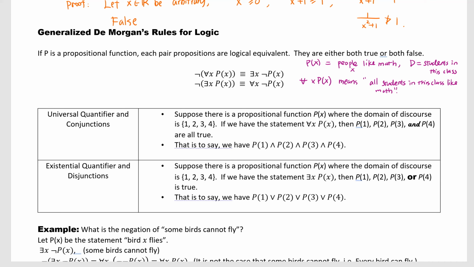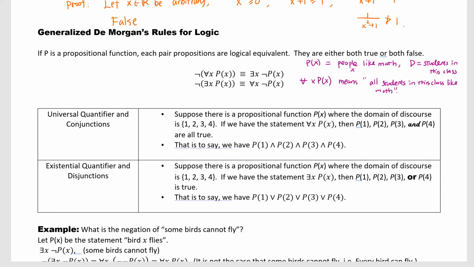Okay, and what is the negation of it? Remember, all students in this class like math. Well, the negation will be someone in this class does not like math. The negation won't be all students in this class don't like math. Actually, it's only some.